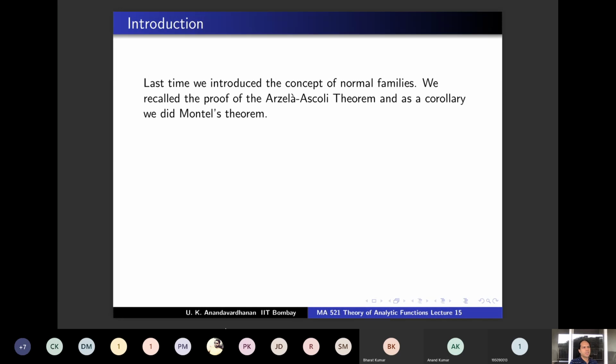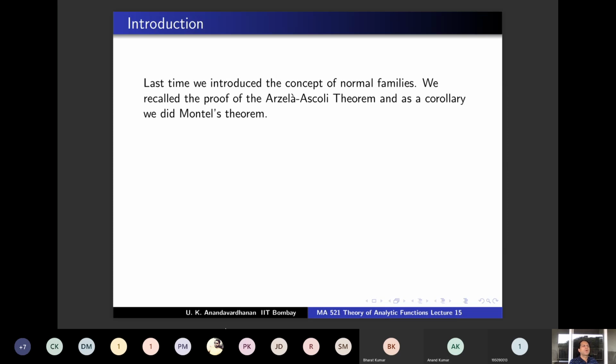Montel's theorem says that if you have a family of holomorphic functions on a region, and you assume it is locally uniformly bounded, meaning that given a compact set K the family is uniformly bounded on K, then you can show that it's normal. Locally uniformly bounded gives you pointwise boundedness for free.